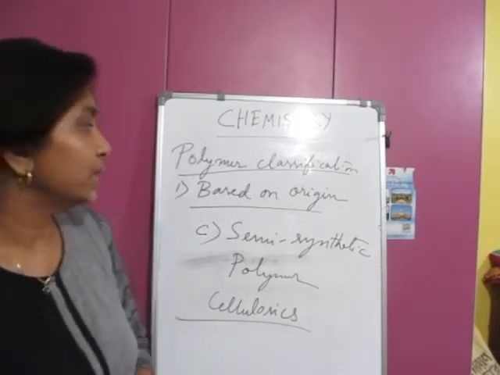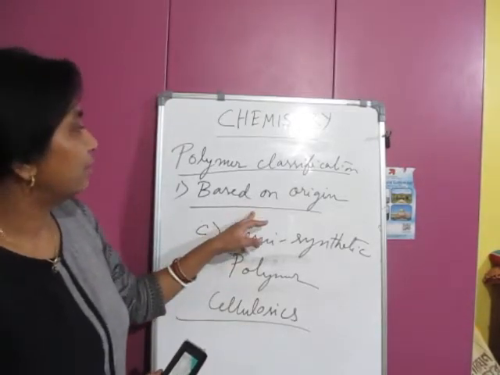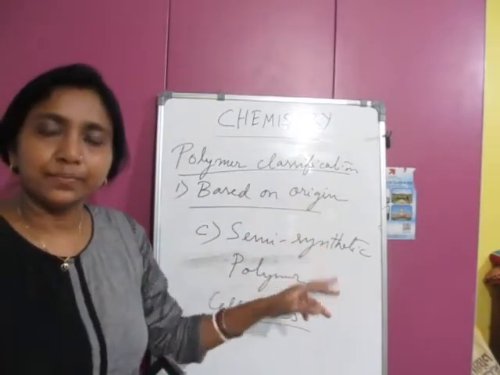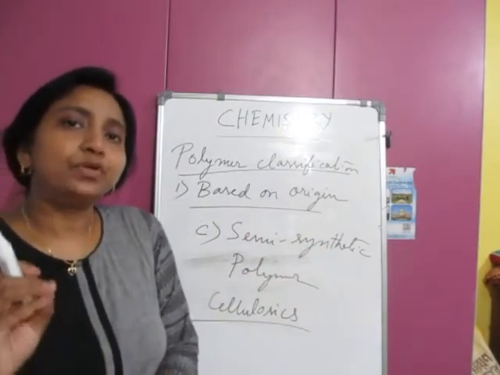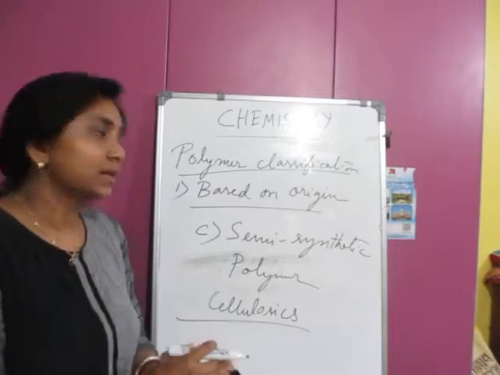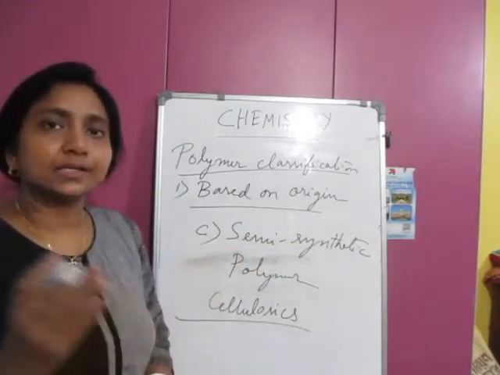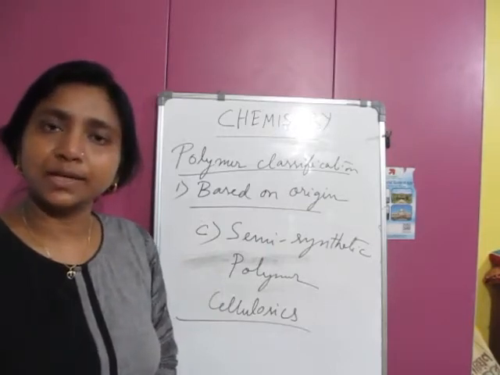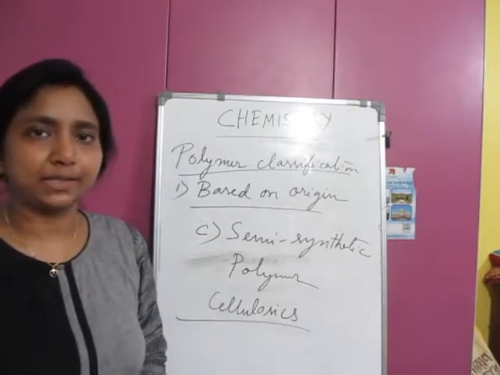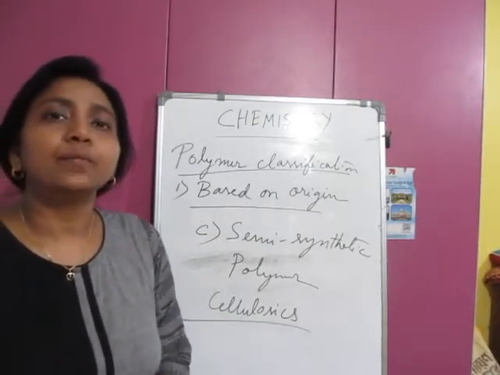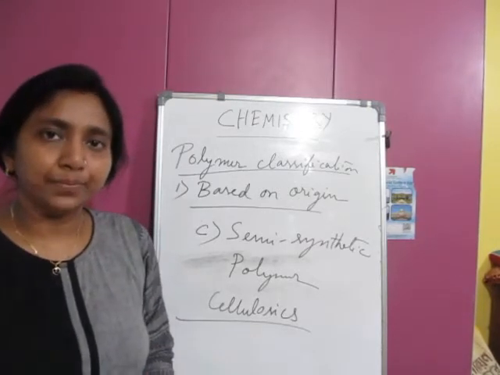So you have a clear concept based on the origin. You have to prepare the definitions of the different classifications, like synthetic, natural and semi-synthetic, along with their examples. And a few MCQs may also come.